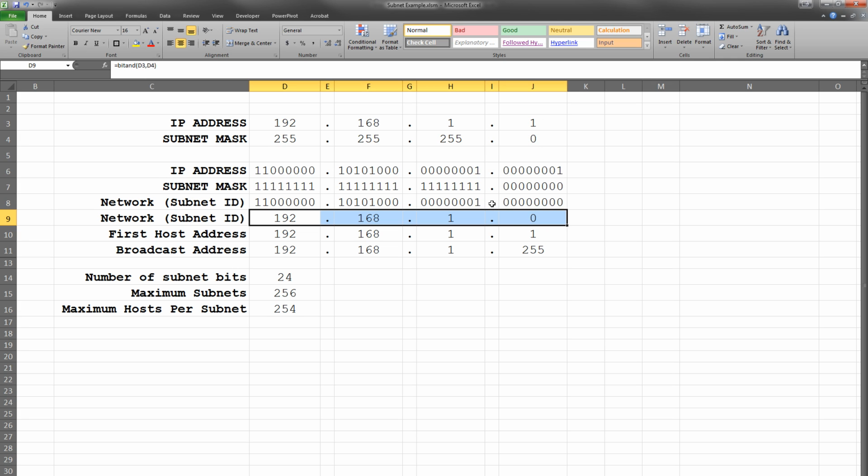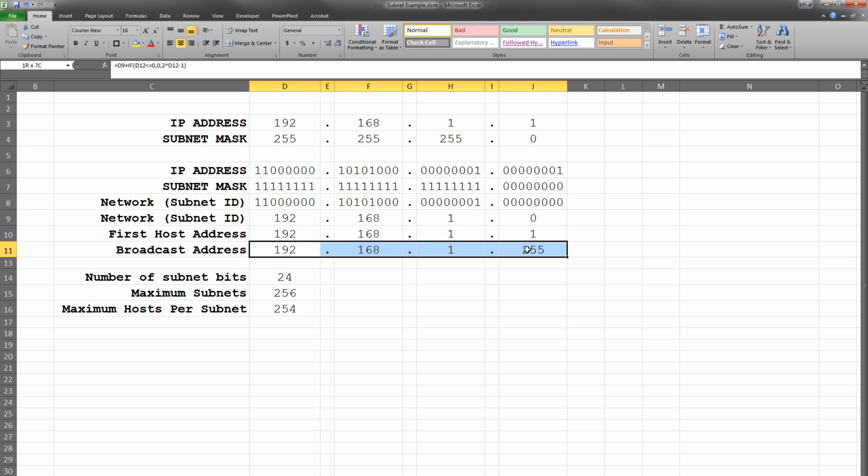This is fairly simple, but it gets more complicated. So in this case, here's our first host address. It's simply the one higher than the network address. And here's our broadcast address, which is simply the highest IP address that's in this subnet with this subnet mask.